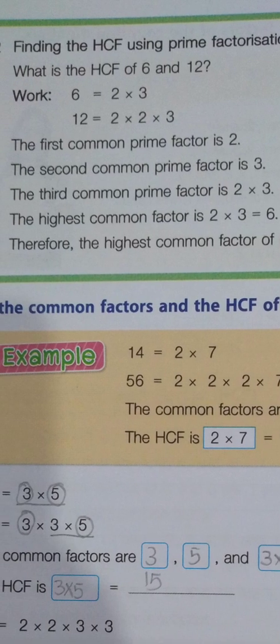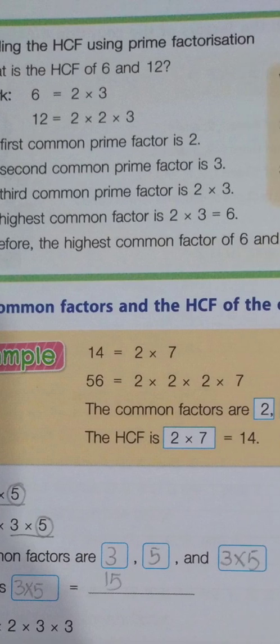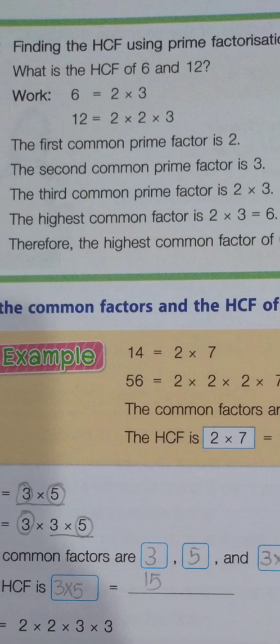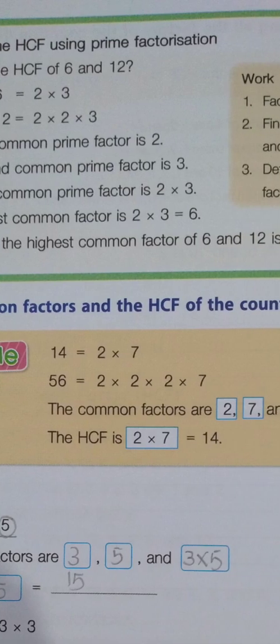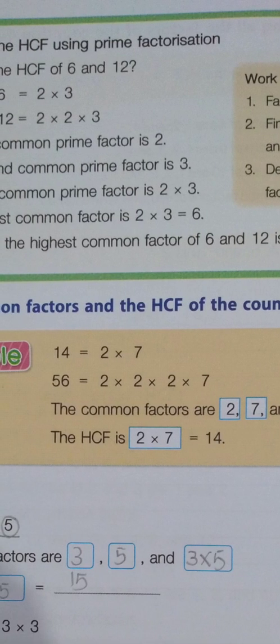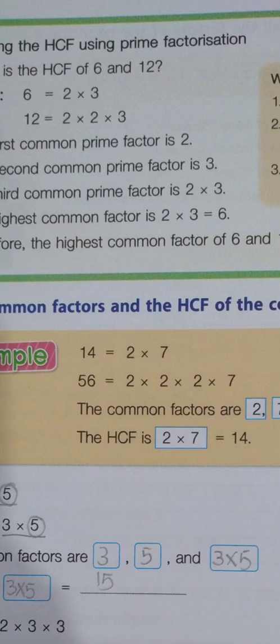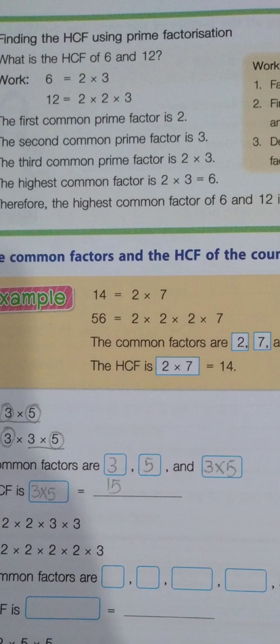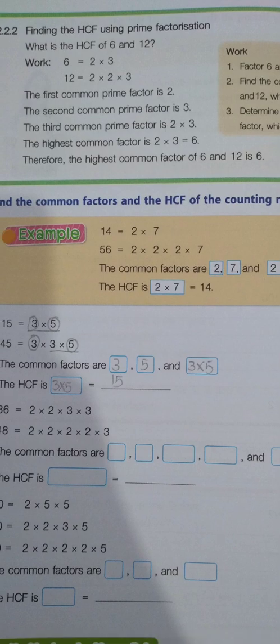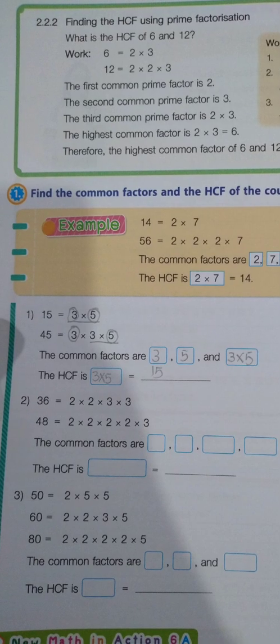They both have 2 times 3. Therefore, the highest common factor of 6 and 12 is 6. 2 times 3 is equal to 6.